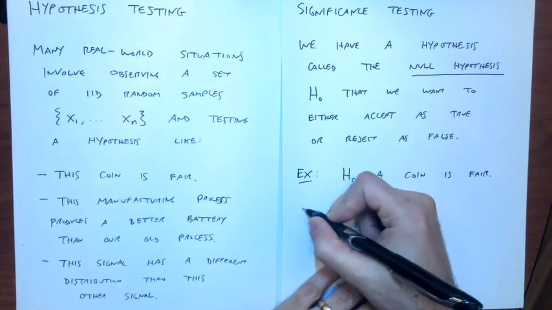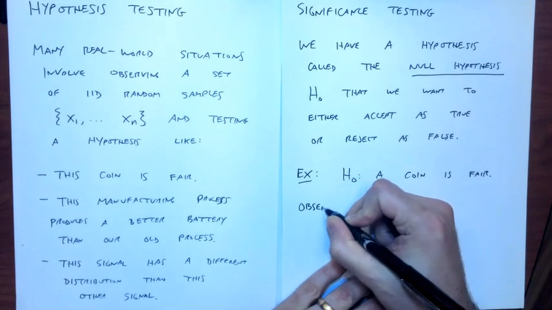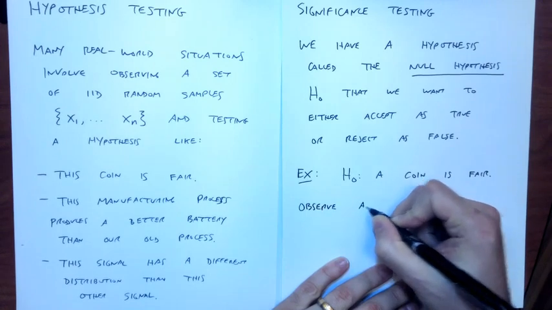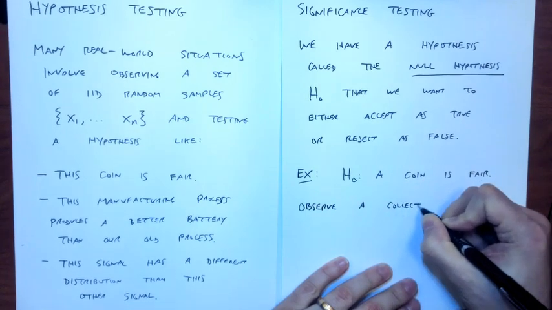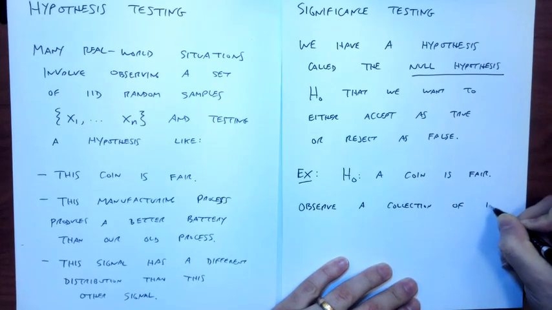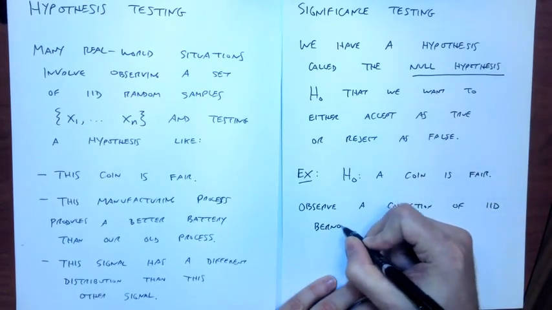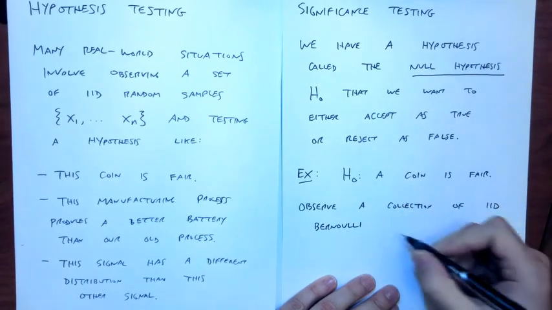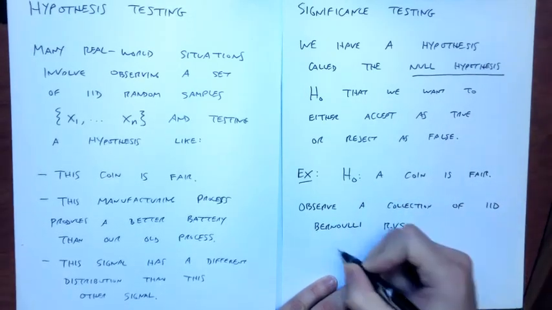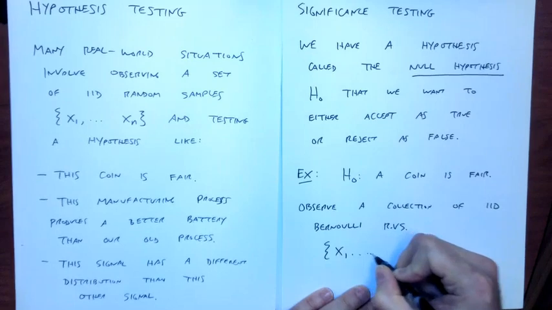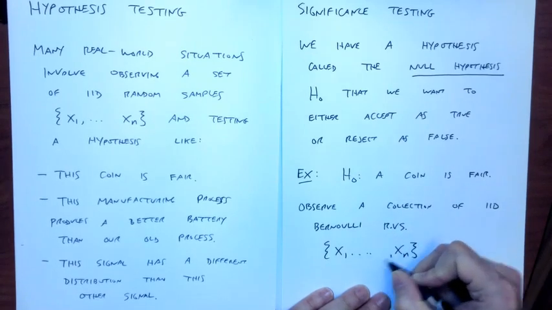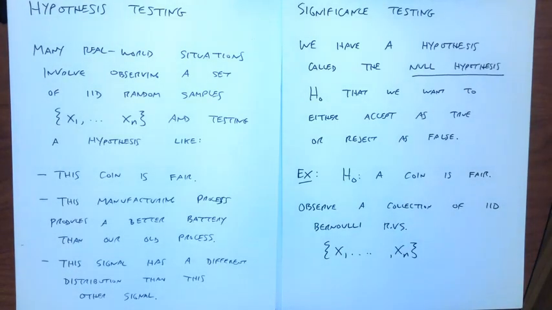And so now I observe a bunch of coin flips, right? So I observe a collection of IID Bernoulli random variables or coin flips where, again, 1 is success and 0 is failure, right?